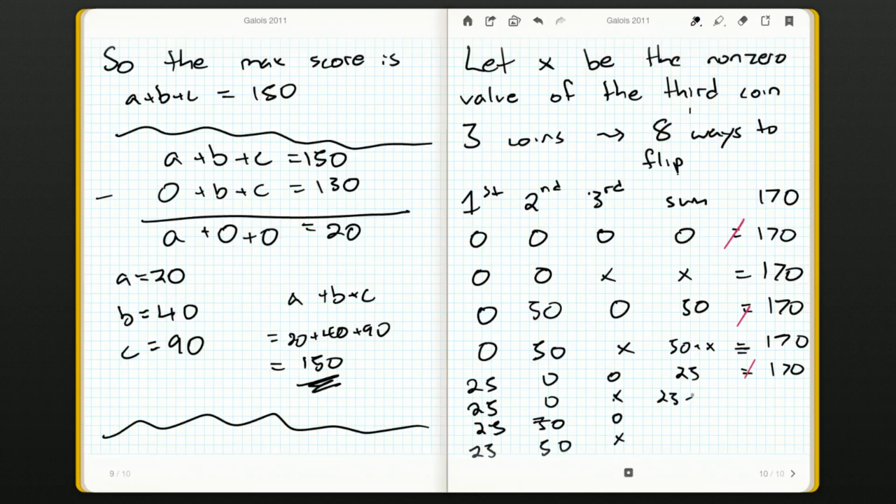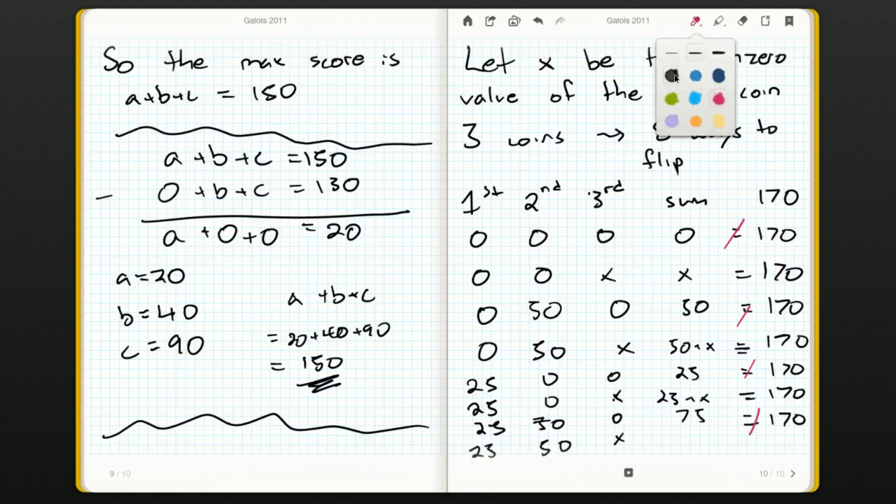Here we have 25 plus X. That could be 170. 25 plus 50 plus 0, that's going to be 75. That is never going to be giving us a final answer of 170. And remember, we were told that Aaliyah flipped over 170. And finally, 25 plus 50 is 75, plus X equals 170.